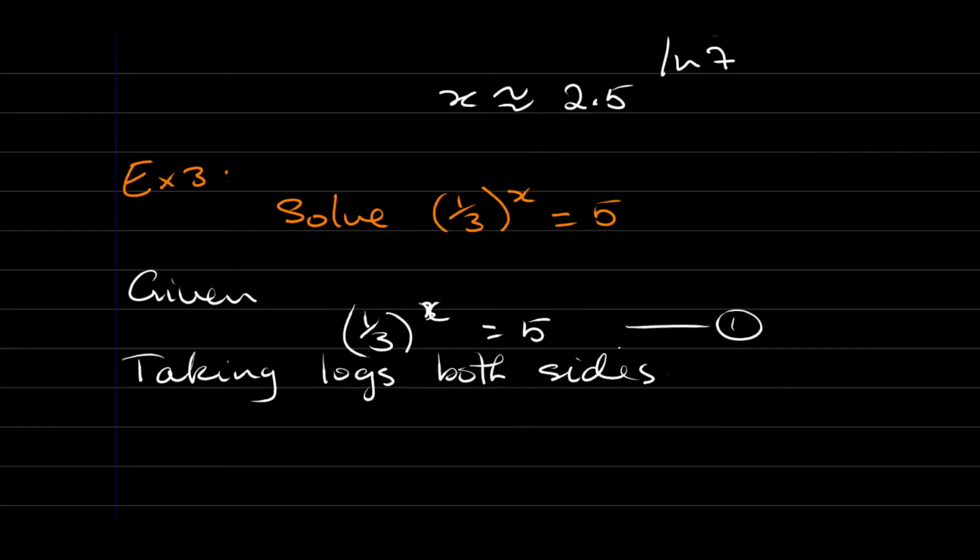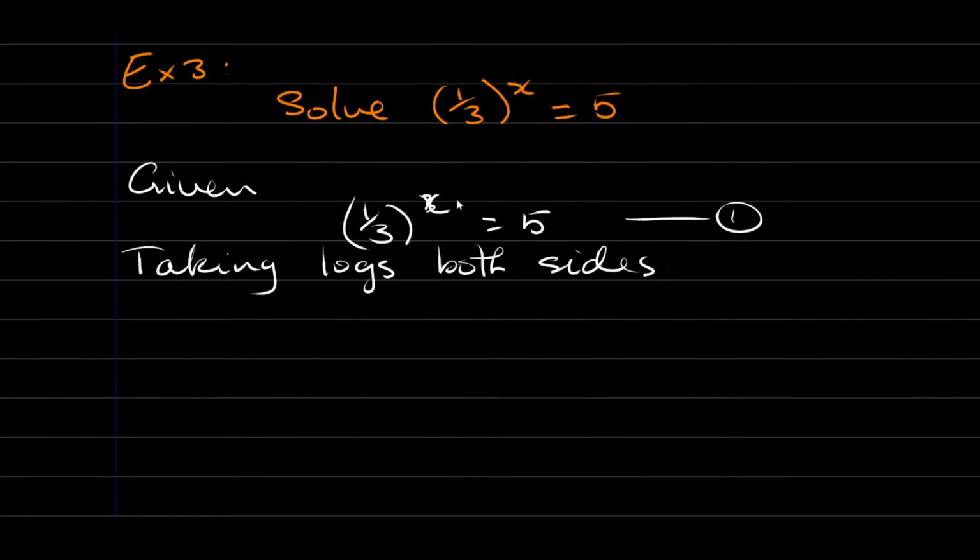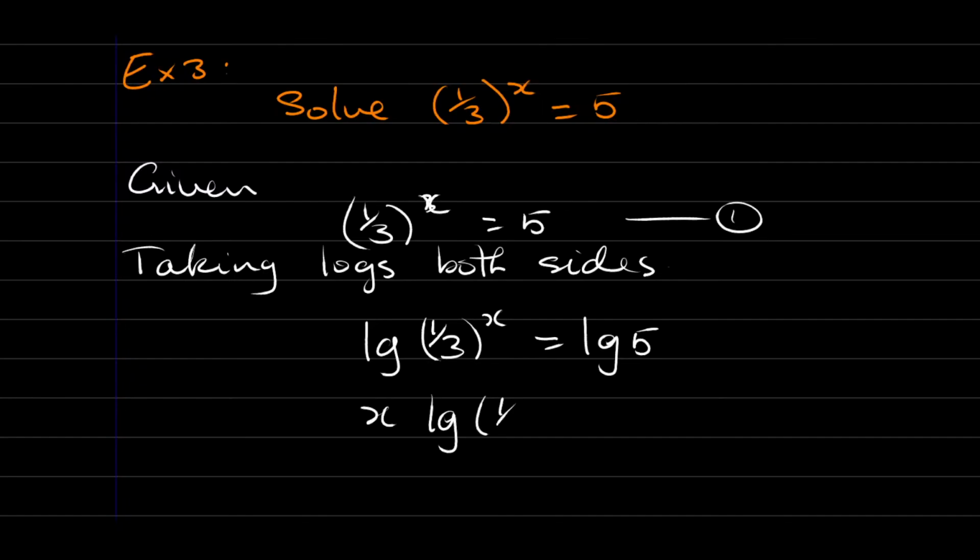Taking logs both sides, then we would be able to write this in a form with logs. So we can have log of 1/3 to the power of x equal log of 5, which is x log of 1/3 equal to log of 5, like that.